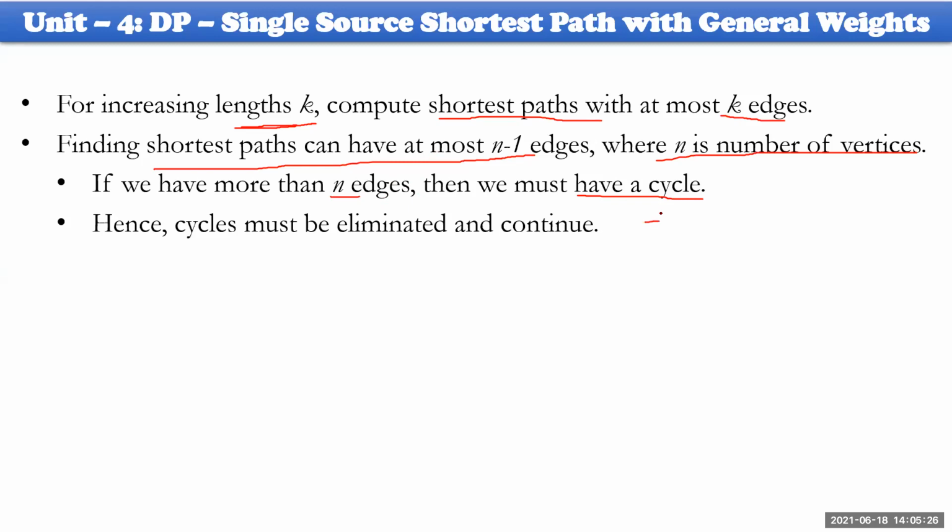If it is negative, the problem will never terminate, so you could not get a proper output from the Bellman Ford algorithm. This is the basic pitfall of the Bellman Ford algorithm.